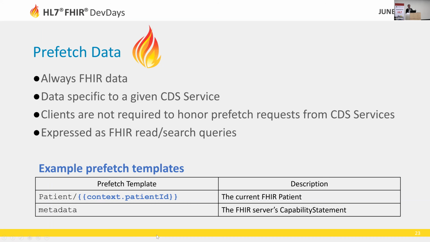The mustache syntax there is accessing context data from the hook. So that's saying, give me the patient with the ID that's in the context of patient ID. So that way the service can say, I need this FHIR data and parameterize it with the current context.